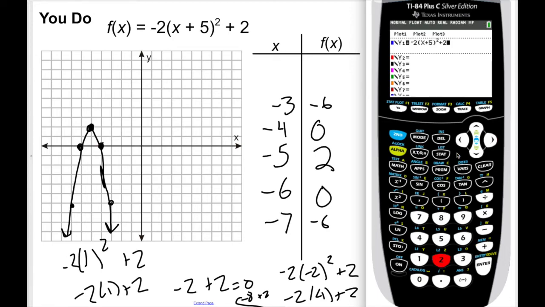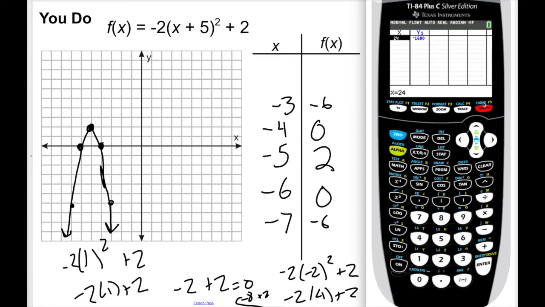So if we take a look, I wonder if I can zoom in, no, I can't. Observe that this is the same as our function here. What I can do is hit second, and then graph, and notice how that pulls up a table. I just need to really quickly change my table settings.